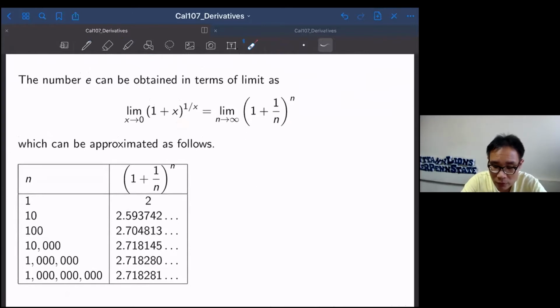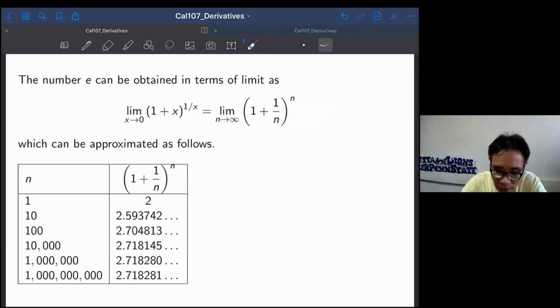These two limits will be studied when we study applications of the derivative, and we'll be able to show that this limit is equal to e by using L'Hopital's rule. I will teach you that next week or so. So we're going to study this later.